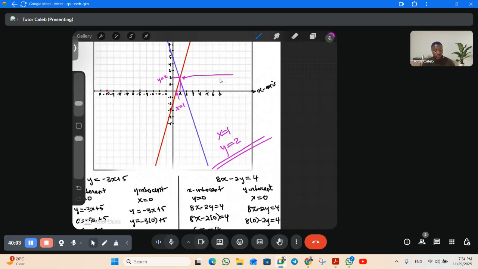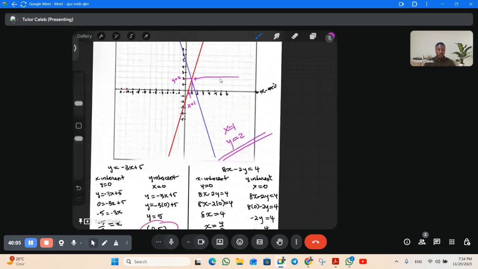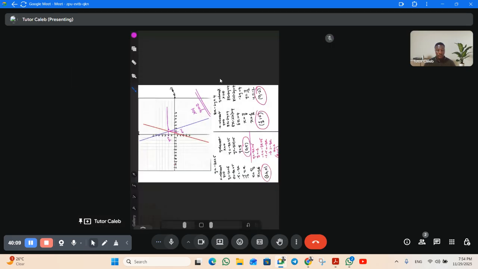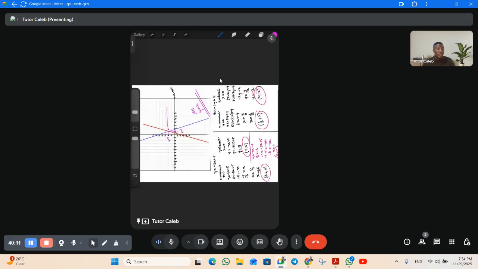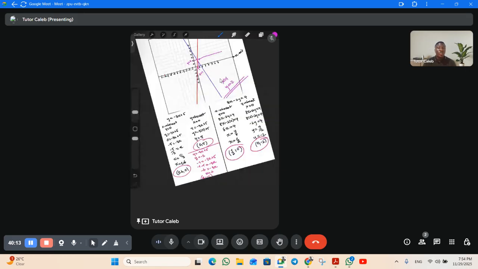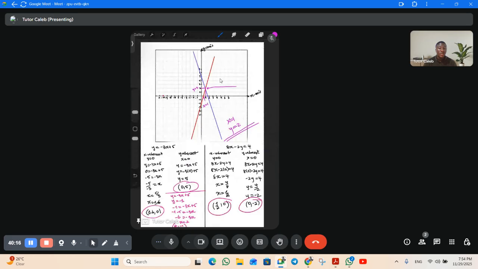So let's go over what we just did. What did we just do? We had a question that was asking us to solve a system of equation by graphing. I said that this is not different from graphing a single line.